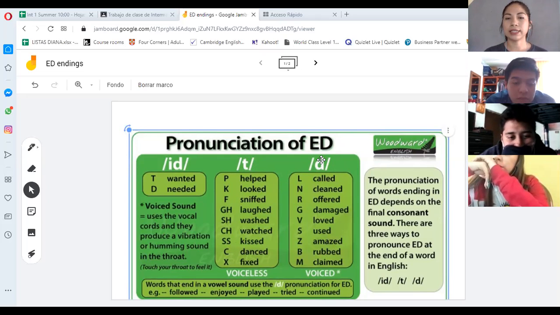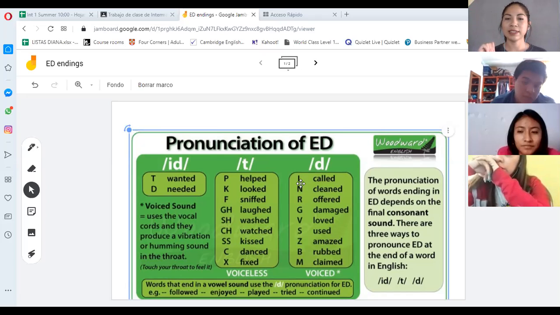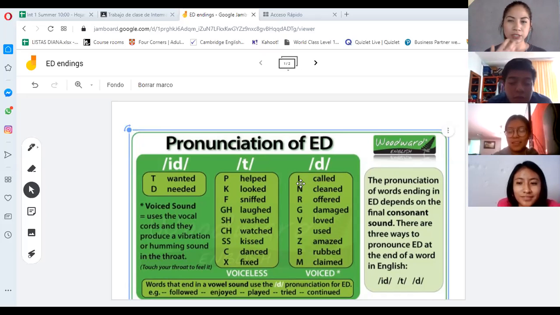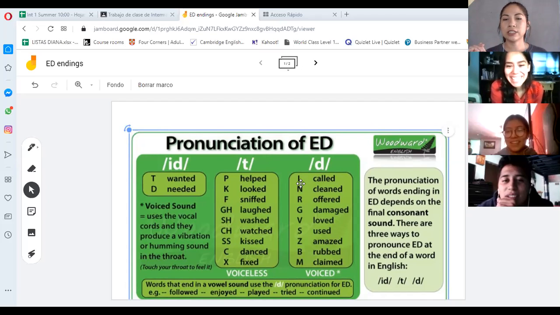So let's practice. When you have L, say the sound L, repeat. L. Do you feel any vibration? Yes. Let's say R. R. Or G. Is there vibration? Yes.